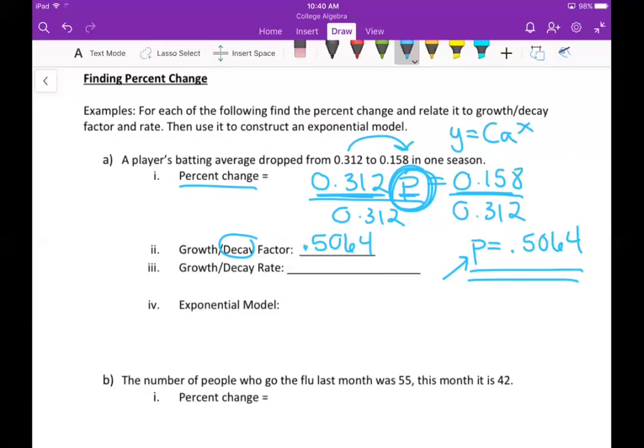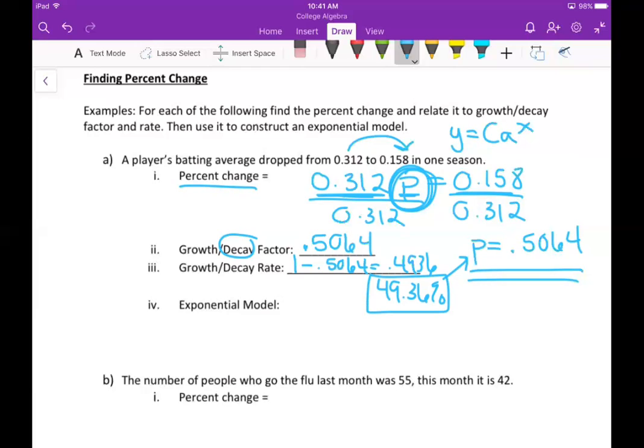So when we actually report that percent change, we want to take 1 minus the decay factor to find that rate we would actually report. Let's go ahead and do decimal form first and then I'll convert that. That would be 0.4936 or 49.36%.